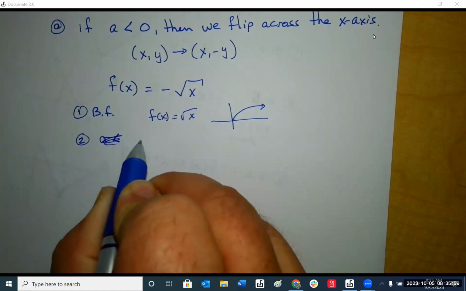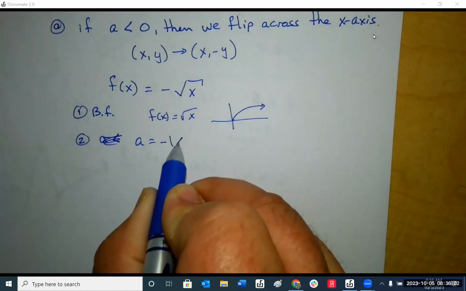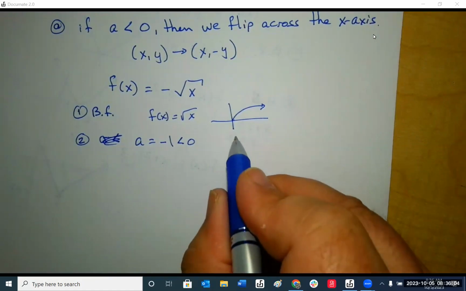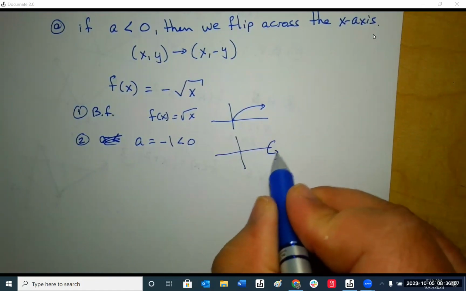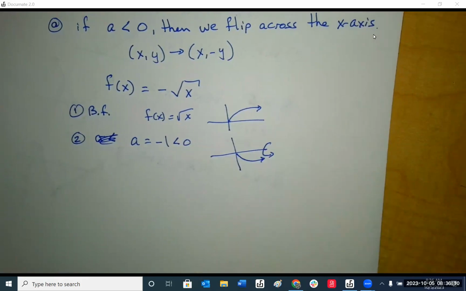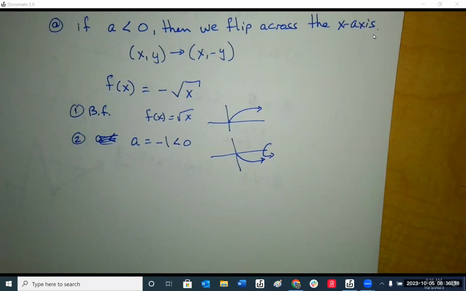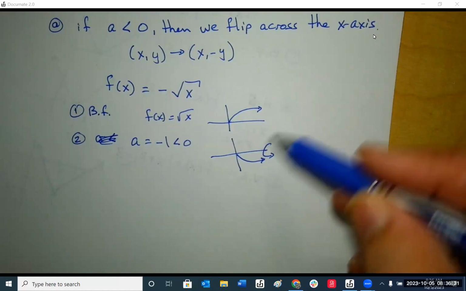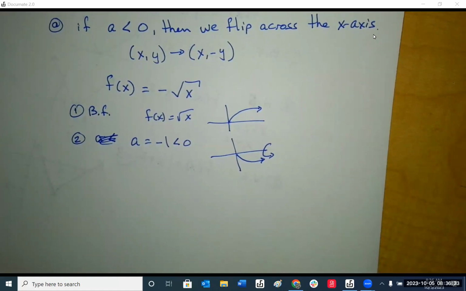Well, since a is equal to -1, which is less than 0, we flip across the x-axis, and our graph looks like this now. Remember, if it's outside the function, it's vertical. It's a vertical flip. If it's inside the function, it's a horizontal flip.